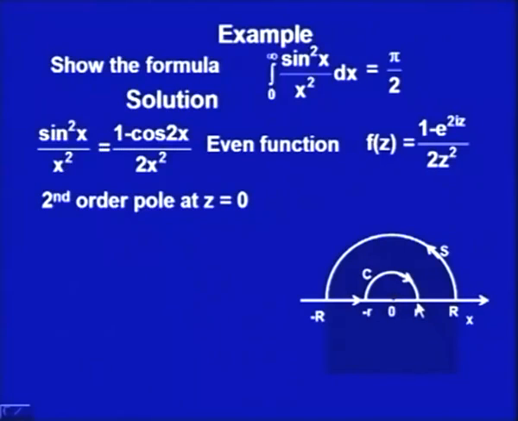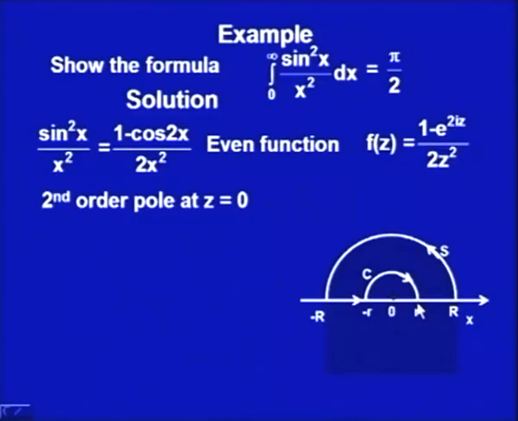So, we consider the contour where, around the origin, we have taken a smaller semicircle with radius small r. So, my contour consists of the portion of the real line from small r to capital R, then the semicircle S of radius R, then the portion of real line from minus R to minus small r, and then this smaller semicircle C with radius small r around the origin 0.